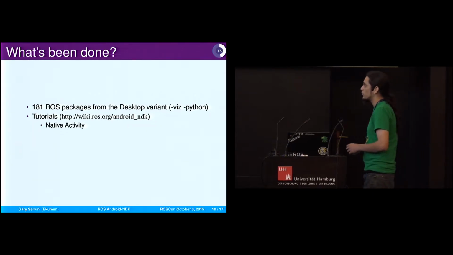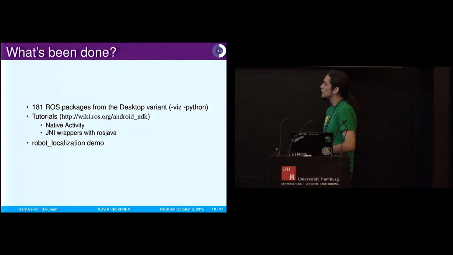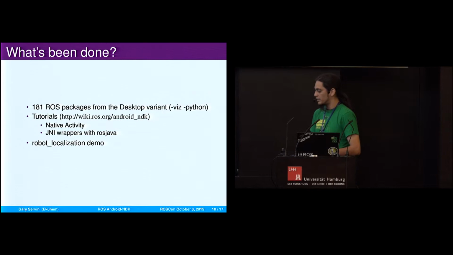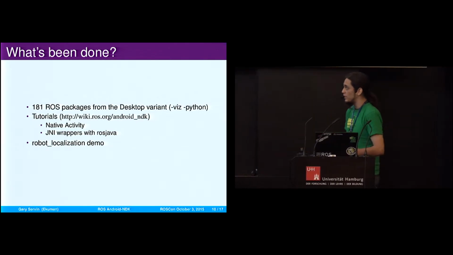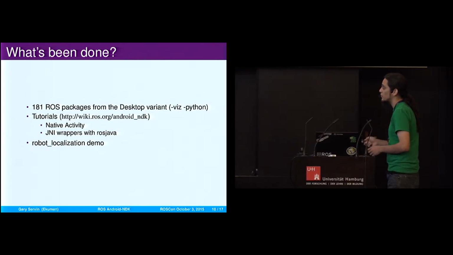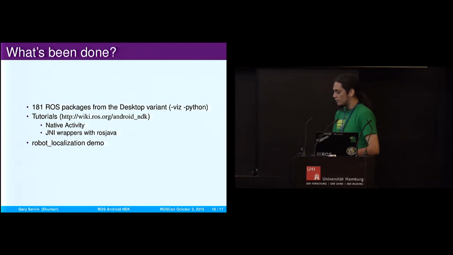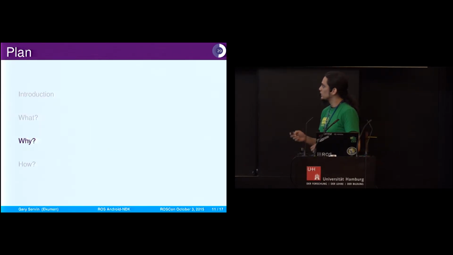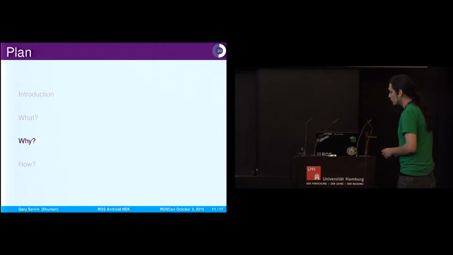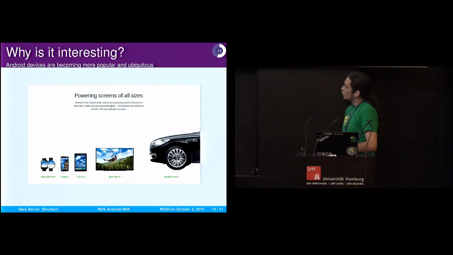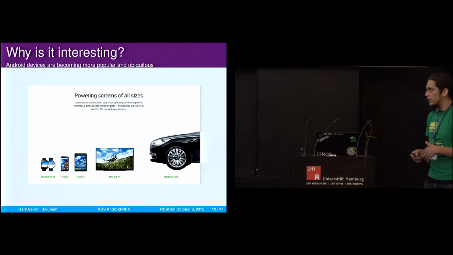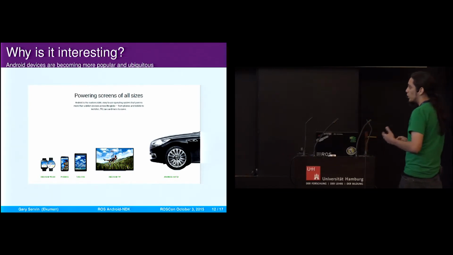There is a tutorial for creating native activities, and tutorials, which I don't know if they are online yet, for using the JNI wrappers with ROS Java. And we have a robot localization demo that we will be showing at the Qualcomm booth later.